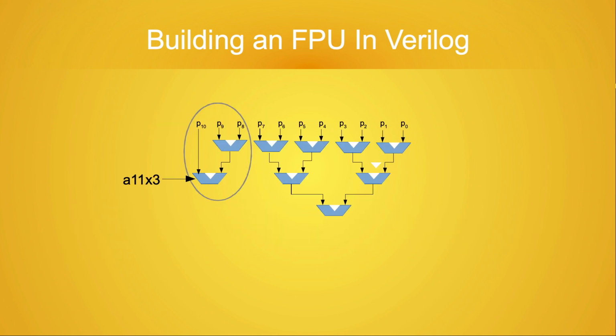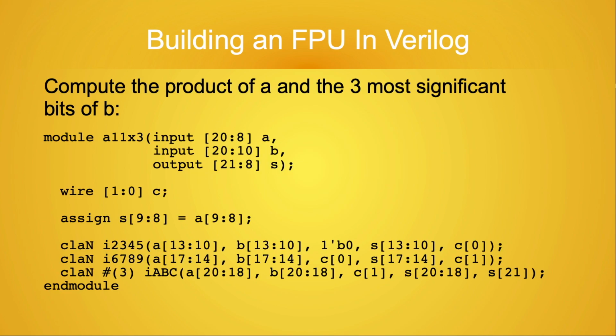We have one product of A and a 2-bit slice of B left over. The module A11 by 3 adds that product with the partial product of A and the most significant bit of B. This is the code for the module A11 by 3.